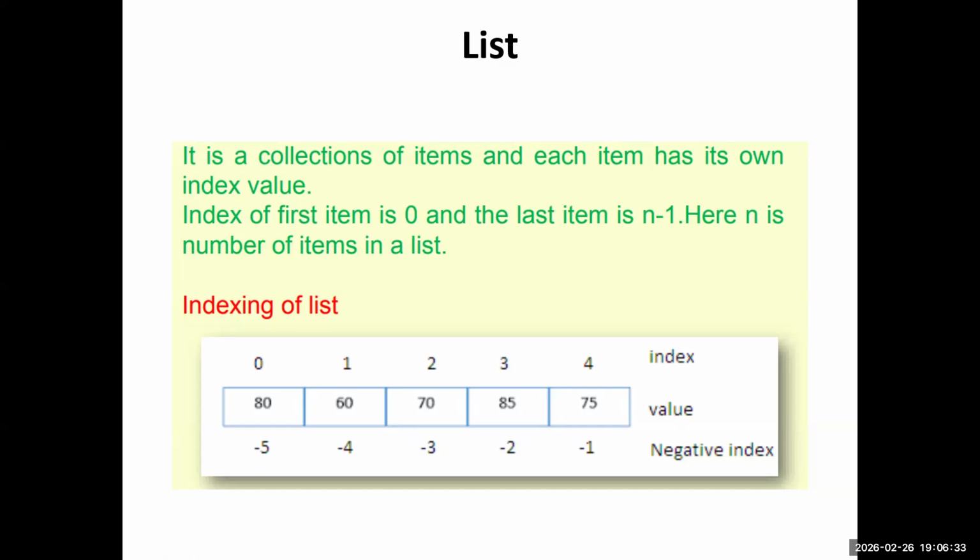So if a list has n items, you can move forward as well as backward. Forward means the index value starts from 0 and ends with n-1. Backward means the index value starts from -1 to -n. This is a small introduction about the list.